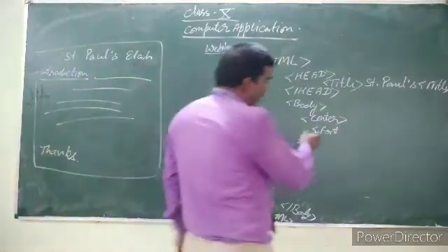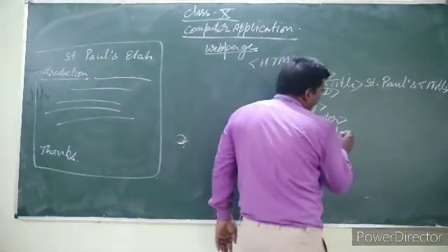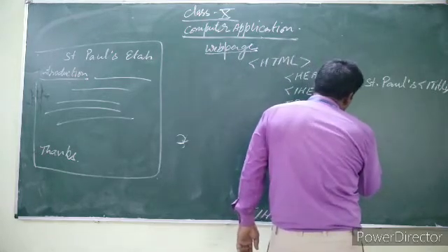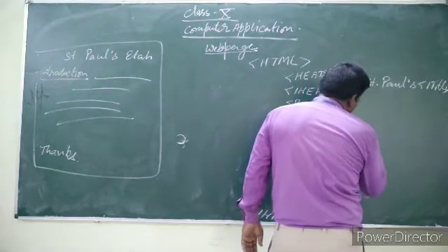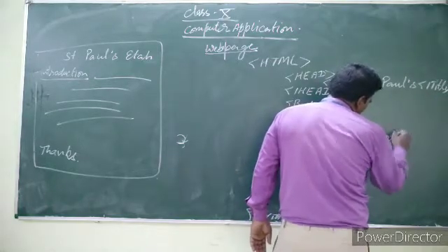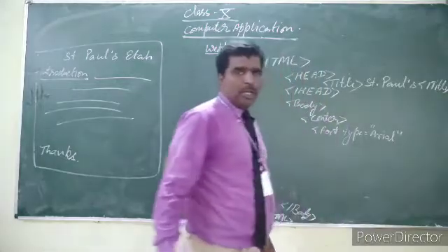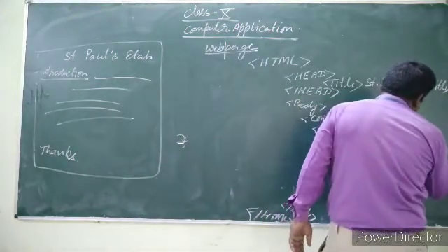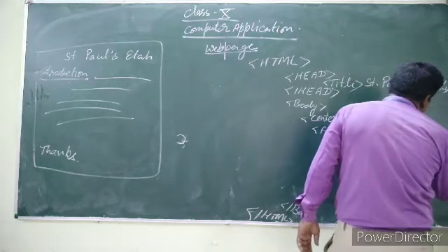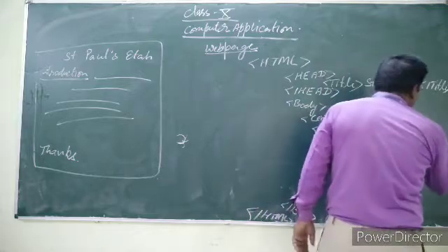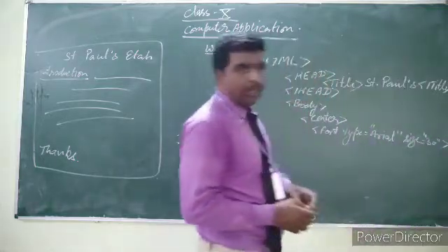That can be written in the font tag. So here the attribute we have to use is font type equals Arial. After that, any size like 30, or any other thing if you want to give, you can give here.